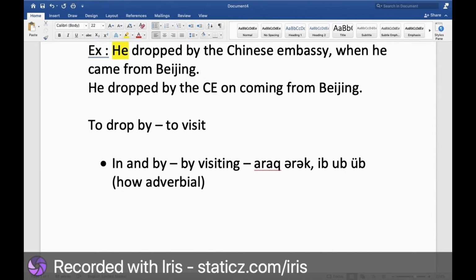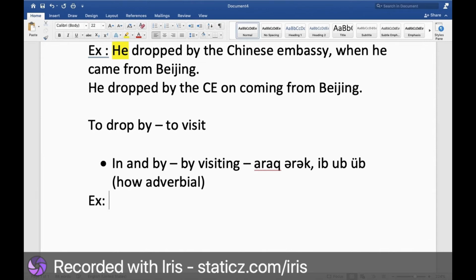So in and by are perfectly good prepositions. This is actually not an infinitive. I will explain it to you two lessons later. But for now, learn it as an infinitive. It looks the same, and use it in your sentences as how adverbial.